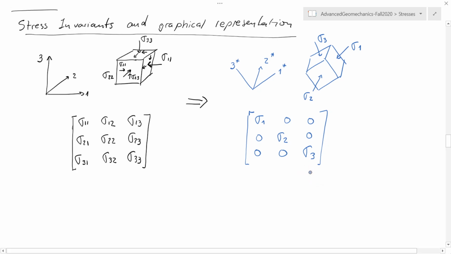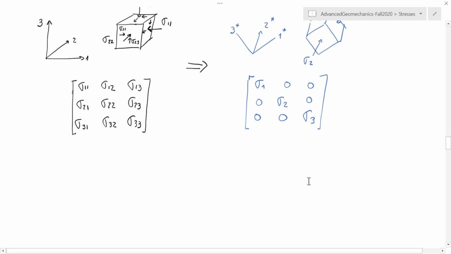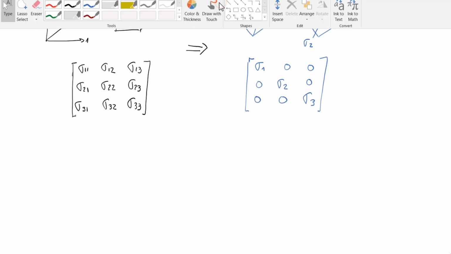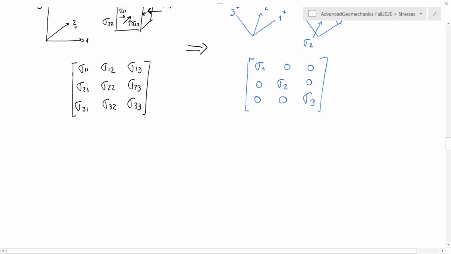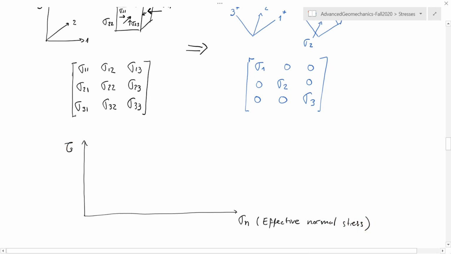Okay, so the first thing that we're going to do is see what is the 3D Mohr Circle. And the 3D Mohr Circle is actually pretty easy. In a 3D Mohr Circle, what we do is we plot in the x-axis the effective normal stress, and in the y-axis we plot the shear stress tau.